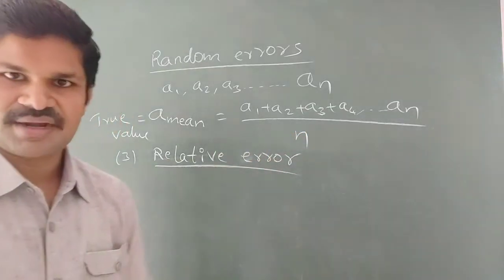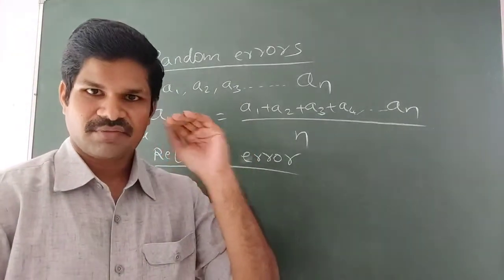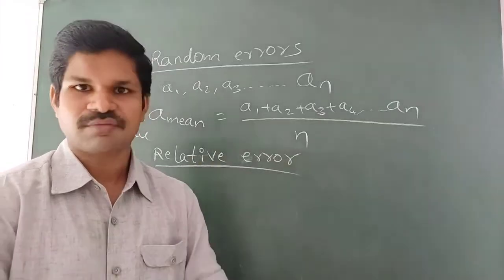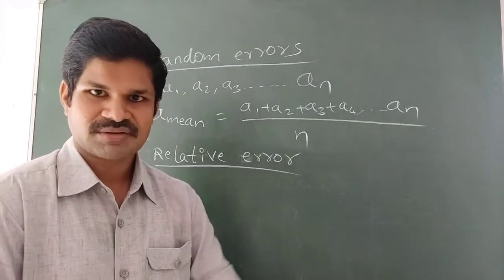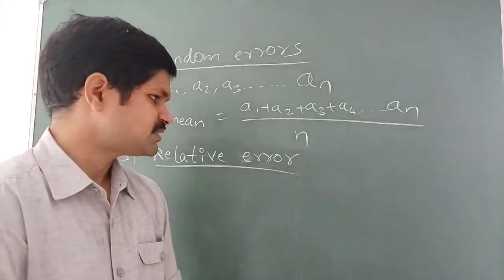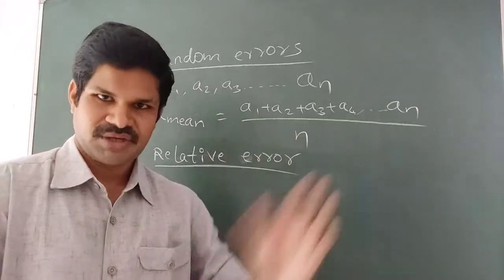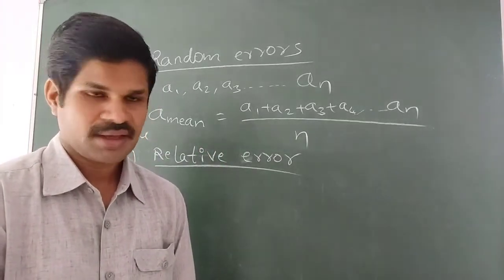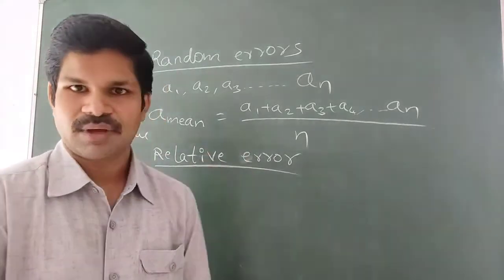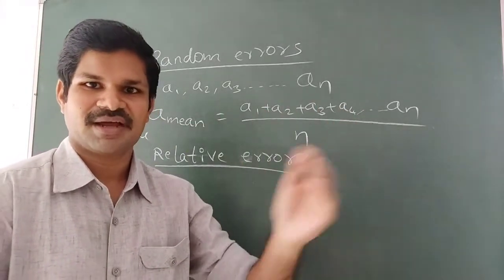The first one, absolute error, was calculated from the true value to the observed values. The second one, mean absolute error, was calculated from the absolute errors. And relative error is calculated from the mean absolute error.